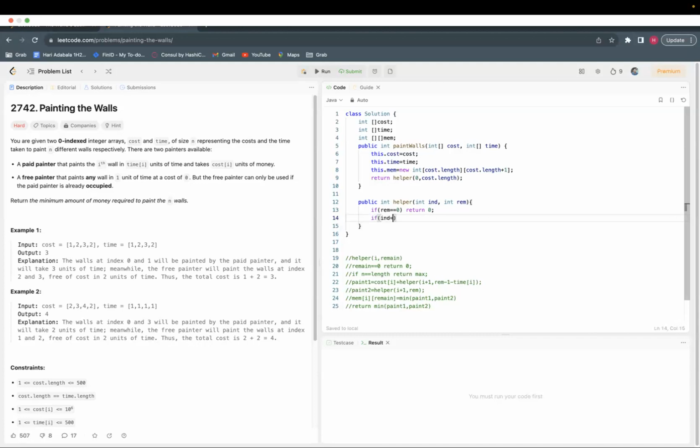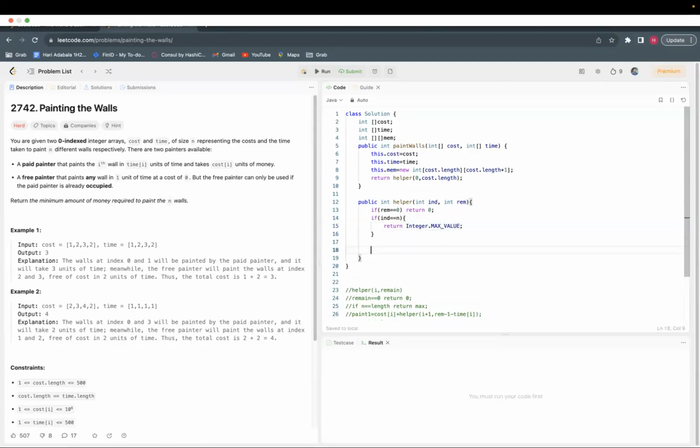And if ind is equal to n, then without painting all the walls, we have crossed the index. I mean, we are out of painters before painting itself. Then let us return integer dot max value.